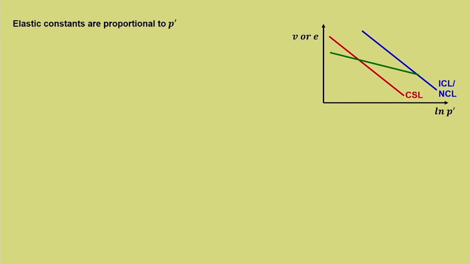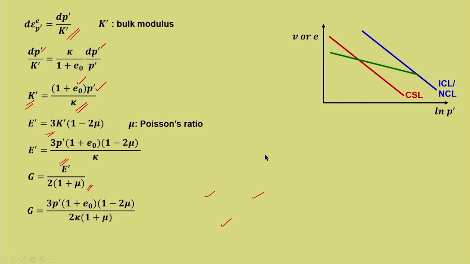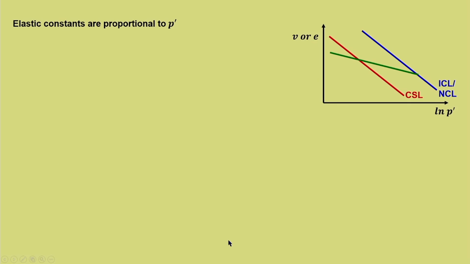So the elastic constants we have discussed here are all proportional to p dash. You can see in the expressions that K dash, E dash, and G are functions of p dash. So elastic constants are proportional to p dash. This indicates the non-linear elastic behavior.